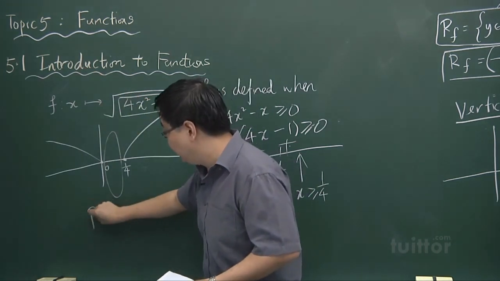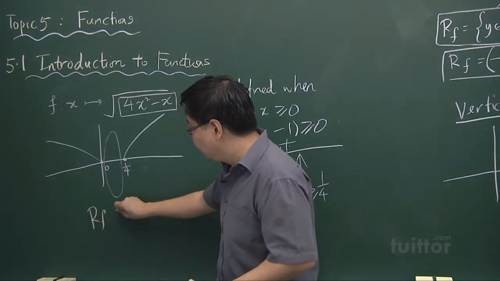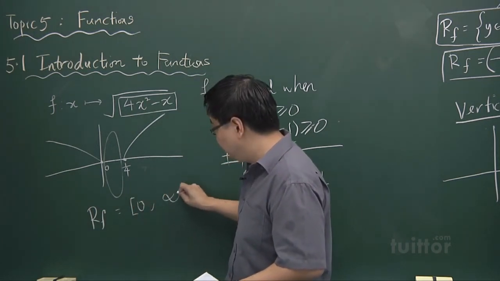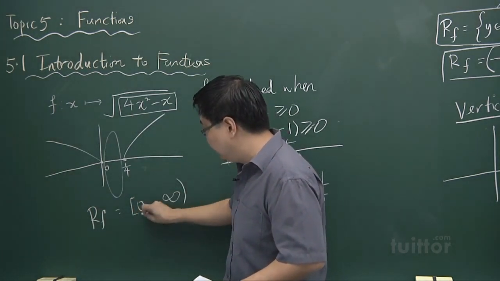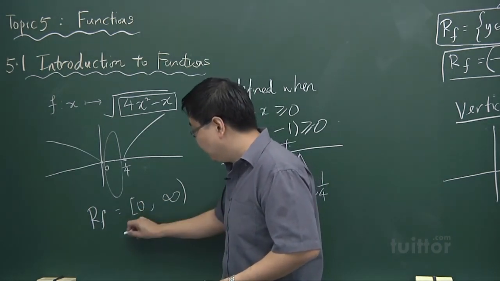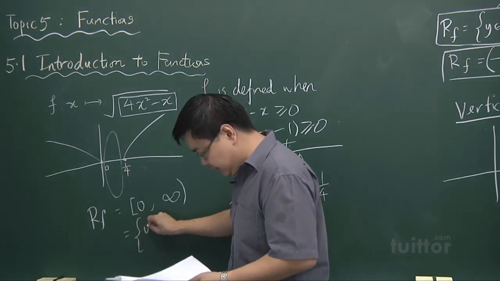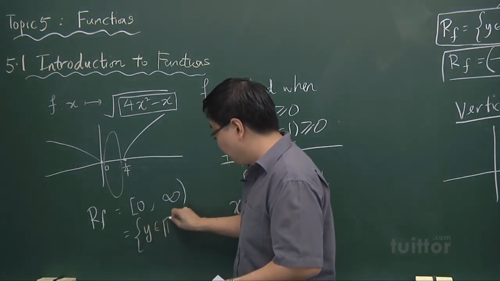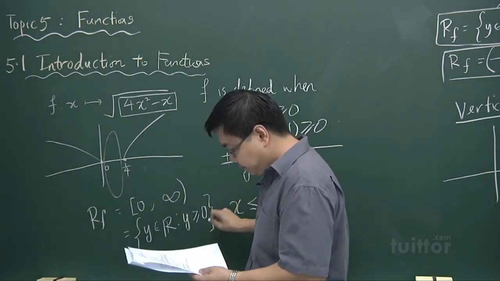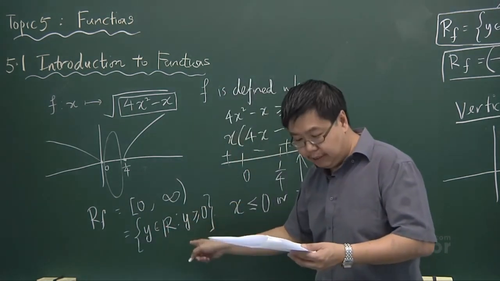So we can say that the range of this function are all those values from 0, inclusive, to infinity. The square bracket here represents that 0 is a value inside the interval. Alternatively, you can leave your answer in set notation, where all the y values such that y is greater than or equal to 0. That ends off this example.